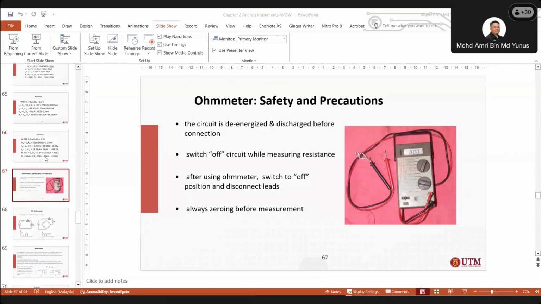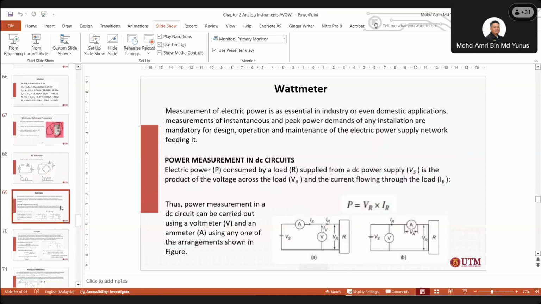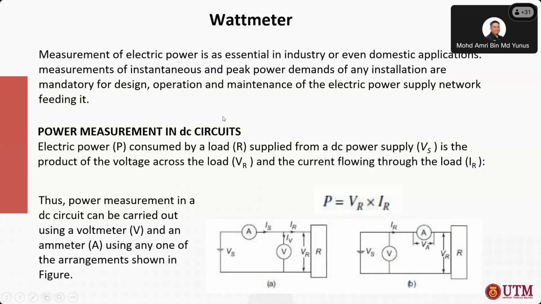Okay, so we have 2 more weeks before our test. So we have arrived at this part of the lecture about the ohmmeter safety and precautions. So today we will discuss a bit on wattmeter.